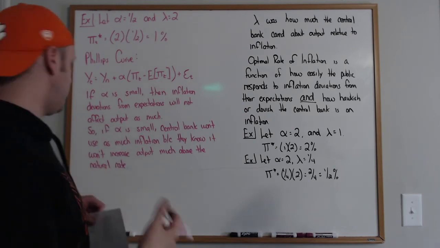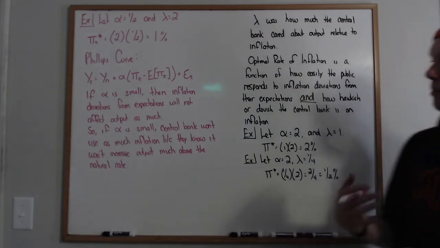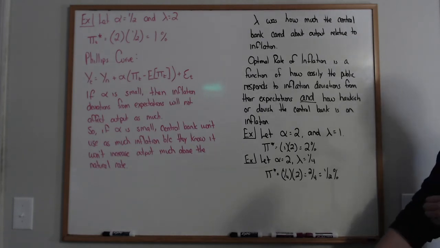If alpha is small, the central bank's not going to use as much inflation to try to increase output above its natural rate, simply because they understand that they will not be able to increase output much above the natural rate via monetary policy, via changes in inflation. So they won't do it as much, therefore the optimal rate of inflation will be smaller.